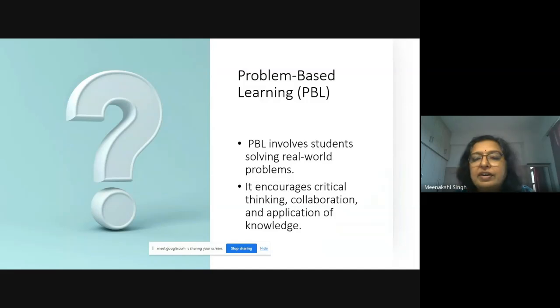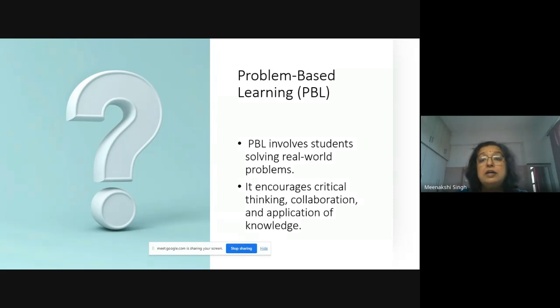So my favorite pedagogy is problem-based learning. I must have a little bit of my material handy with me because I'd love to talk about this. Yes. So in problem-based learning, basically the core is the problem.